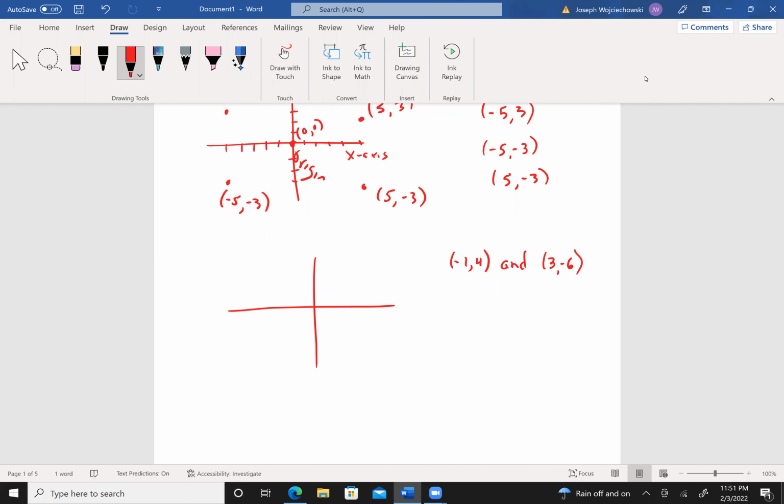So I'm at -1, 1, 2, 3, 4, and 3, -6. What I want to know is, what is the distance from one point to the other?